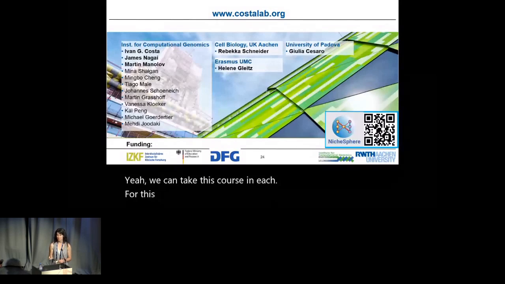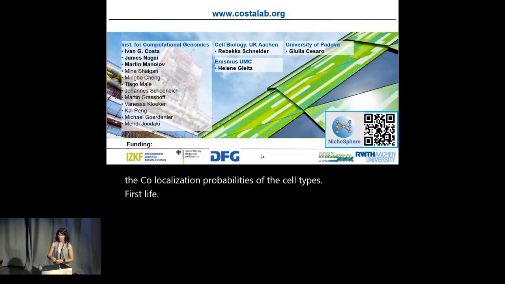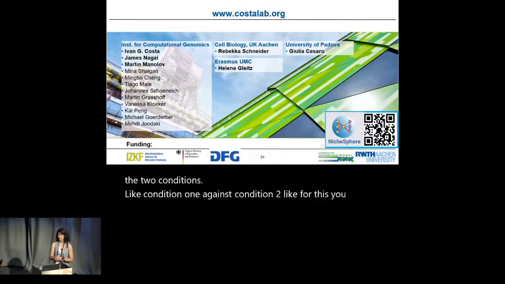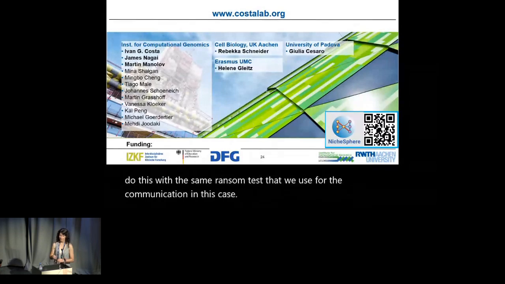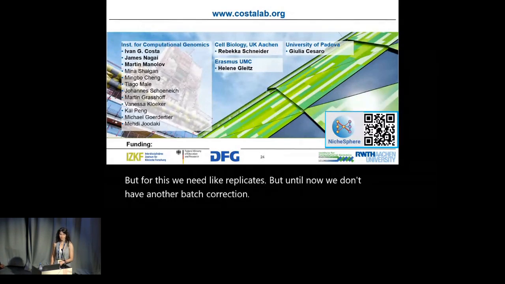So we can have the colocalization probabilities of the cell types per slice, and then we can take the distribution of those and compare the two conditions, like condition 1 against condition 2. You can do this with the same rank sums test that we use for the communication in this case. But for this we need replicates. But until now we don't have another batch correction.